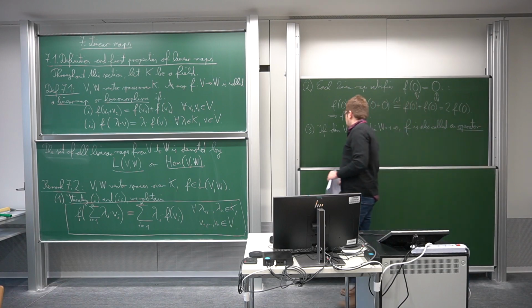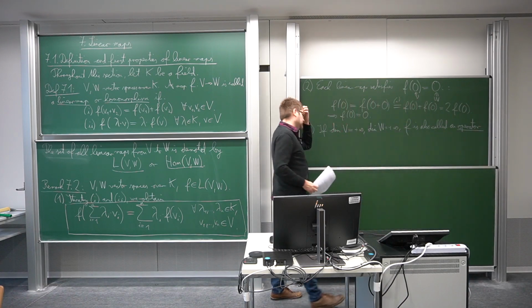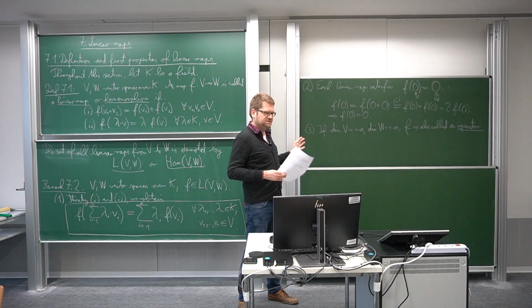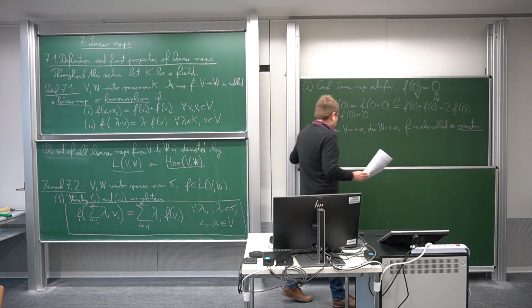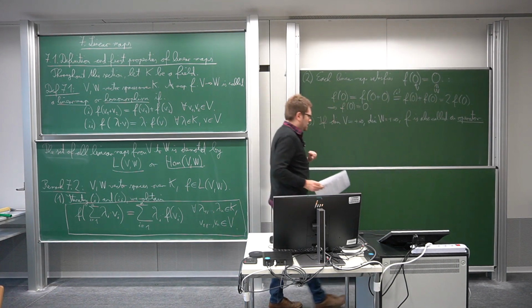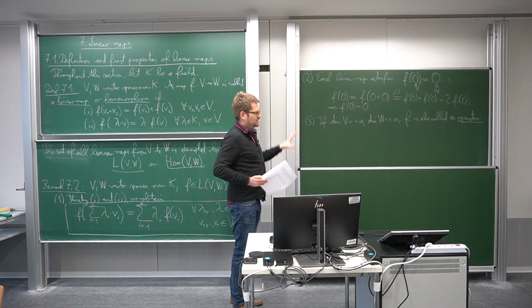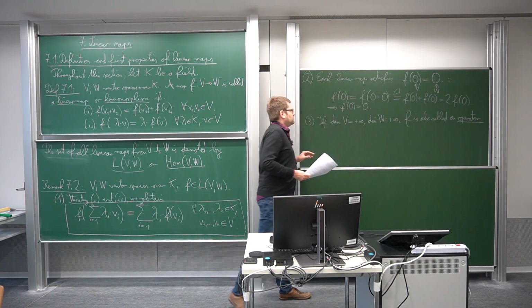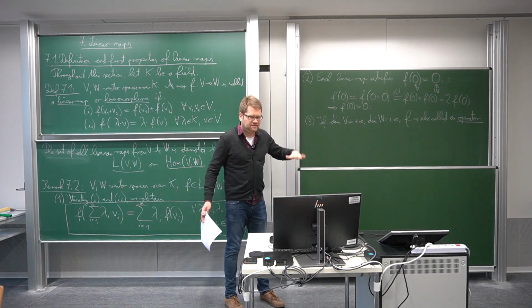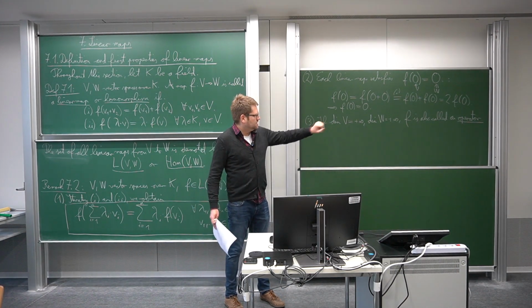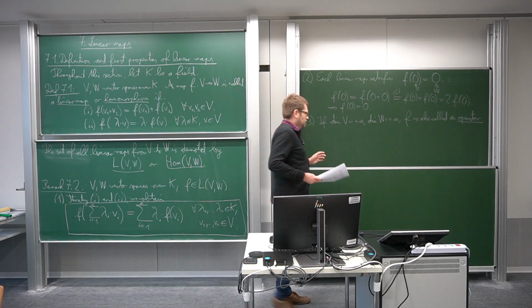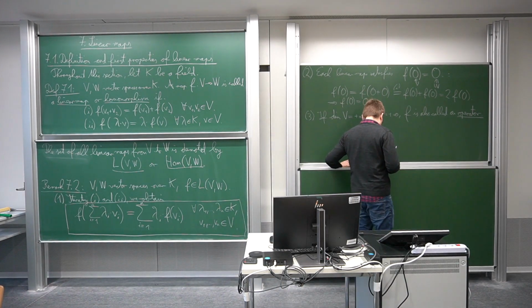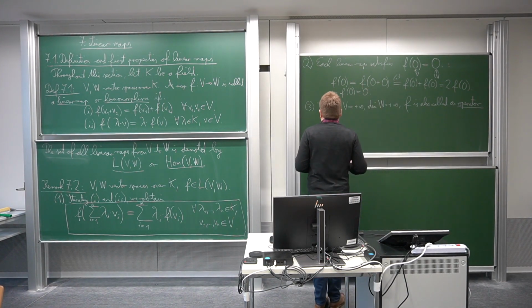Operators, so linear maps between infinite dimensional vector spaces, are part of functional analysis, and they will probably be discussed much more in Math 3 or Math 4. I don't know the curriculum there in detail, but at some point you will learn more about these operators. In this lecture we shall so far mostly discuss linear maps between finite dimensional vector spaces, and this is just to let you know the name operator, so if at some point you read this word, you know what it is. Okay, now this was the remark.